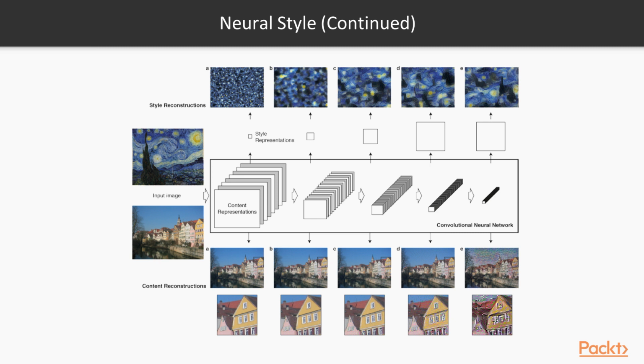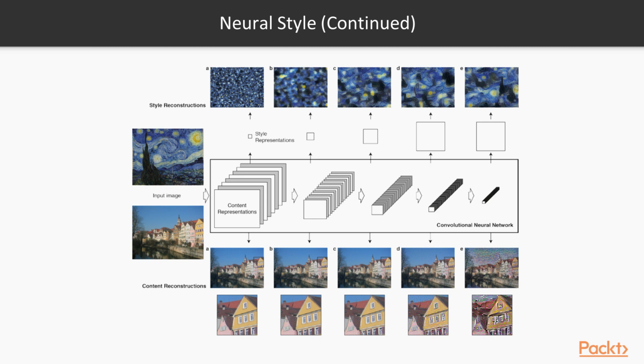When you look at the bottom pictures, you can see that as we move to the right, we are going deeper into the network, and we are ignoring those details and getting the general appearance. In the last picture, it mostly presents the structure, how this building actually looks like.